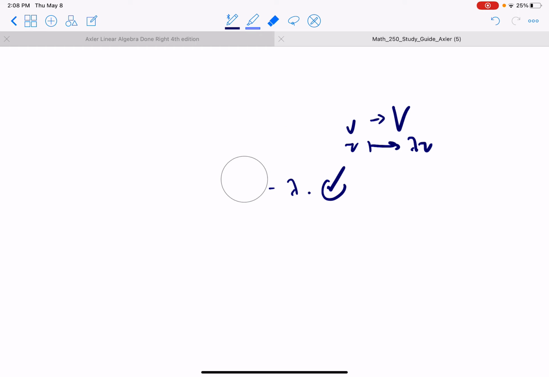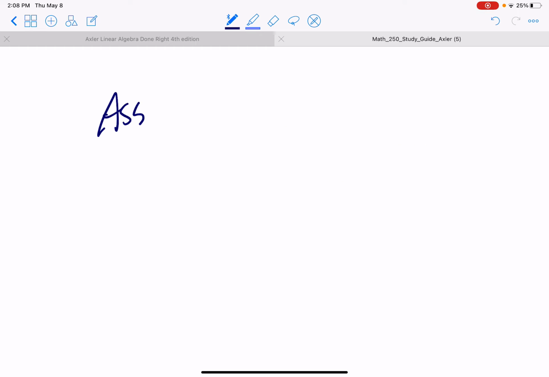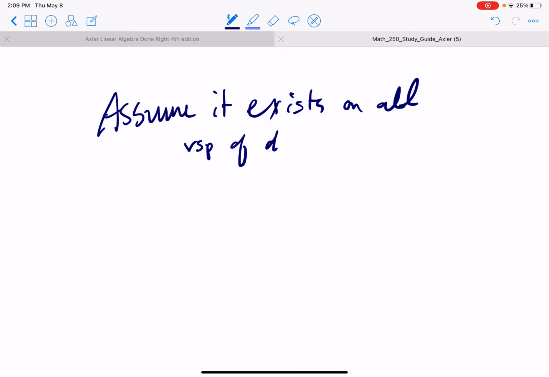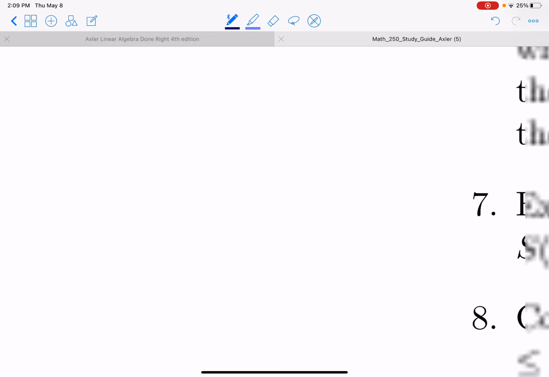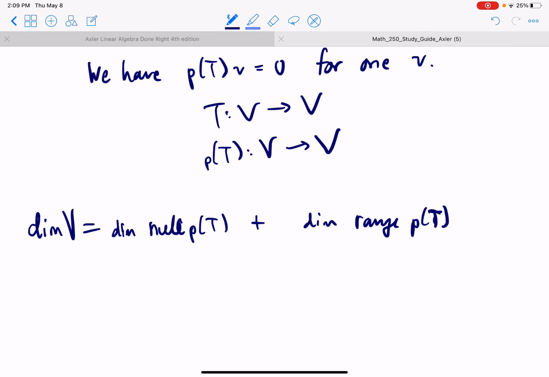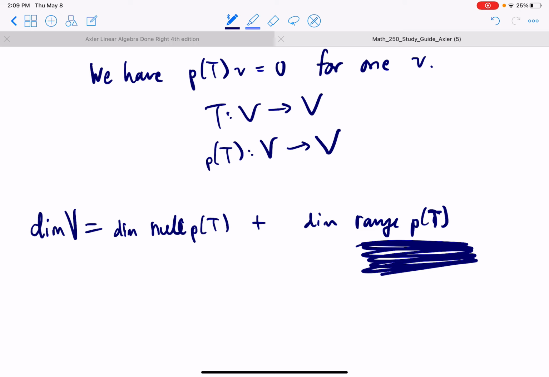Now what we're going to do is, by induction, assume it exists. The minimal polynomial for T exists for every operator on all vector spaces of dimension strictly smaller than the dimension of our vector space, dim V. Okay. And so then we're going to show that the range has strictly smaller dimension.